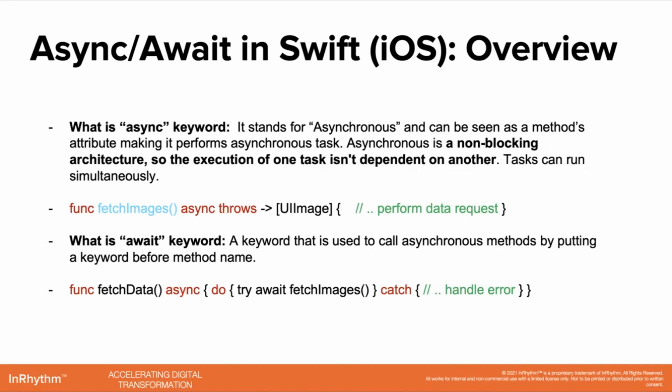In Swift, you can make a function asynchronous by running multiple tasks inside that function. Just use the async keyword next to the function name, and wherever you call that function, just use the word await, and that's going to fulfill the purpose of using async await.